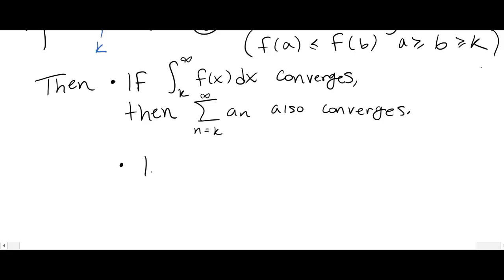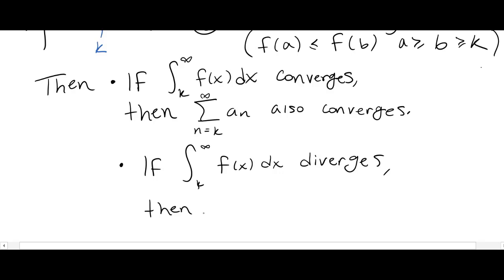Also, if the integral starting at k of f of x diverges, then the series also diverges. In other words, the infinite series of an converges if and only if the integral from k to infinity of f of x converges.